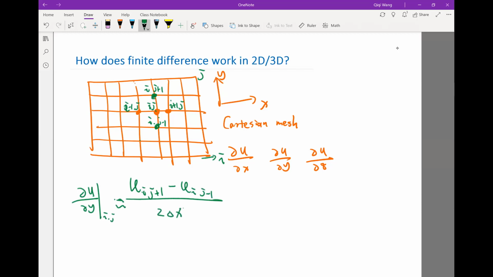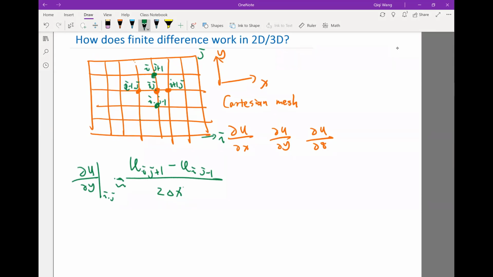And if you have upwinding or downwinding in the y direction, let's say the wind blows from up to down, and you want to upwind, so you want to look at the positive y direction, then you would basically approximate this with u of i, j plus 1 minus u_ij divided by delta y. That would be an upwind, or biased, scheme.